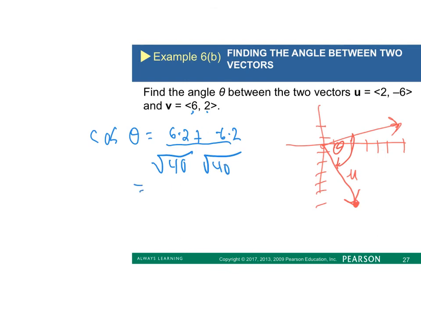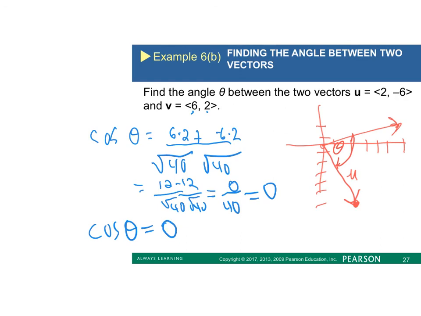That turns into 12 minus 12 over the square root of 40 times the square root of 40, which cancels out the square root. Not that it matters, because 12 minus 12 is 0 over 40, which is 0. Cosine of theta is equal to 0.